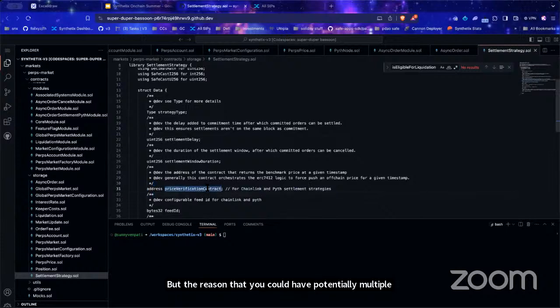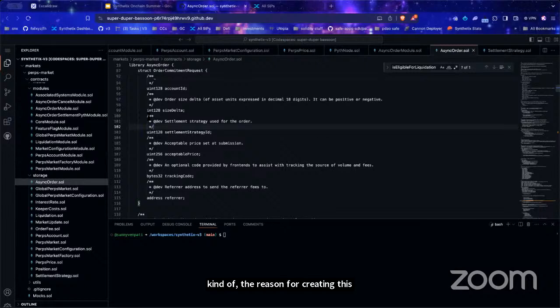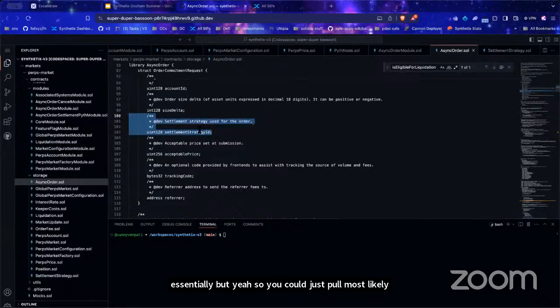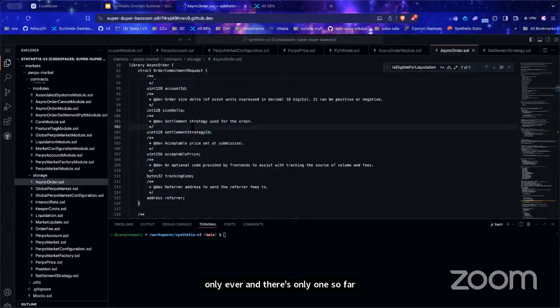That's the reason for creating this optionality essentially. Most likely this will just be 0, which is the first index. There's only one so far that we've been using, which is Pyth.